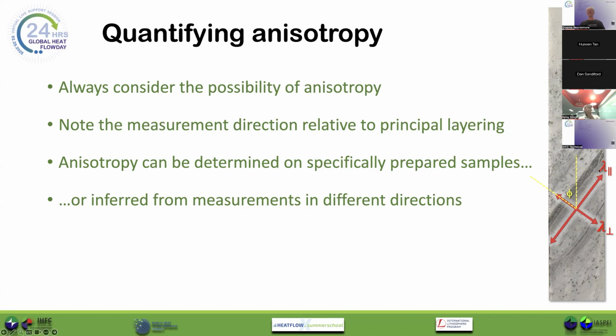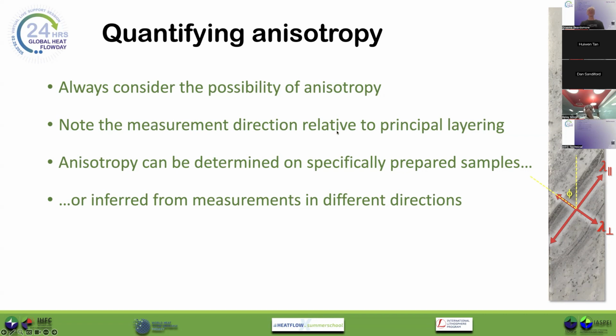And generally speaking, thermal conductivity tends to be higher in the direction along a foliation and lowest perpendicular to a foliation. So we should also always be thinking of the possibility of anisotropy, even if we don't really want to characterize it. We should be thinking that it's possible that a rock is anisotropic, and perhaps make notes during measurements on the possibility of anisotropy. So always consider the possibility.